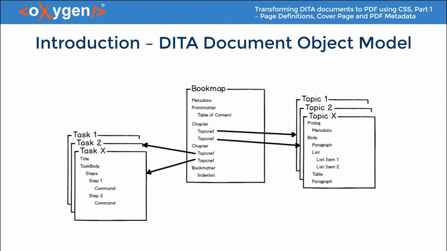And at the end of the book map, you can find a backmatter, which can contain, for example, a glossary, an index list, etc. As for the book map, all the topics can be composed of some titles, prologues, some metadata, a body, some steps, paragraphs, lists, tables, etc., which are in fact the real content of my books.